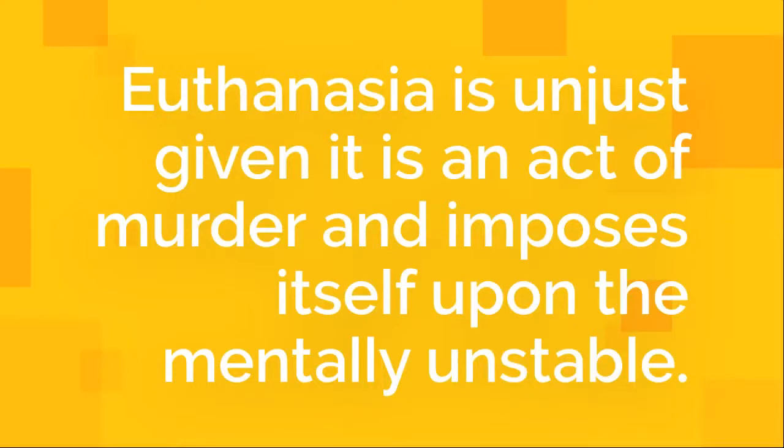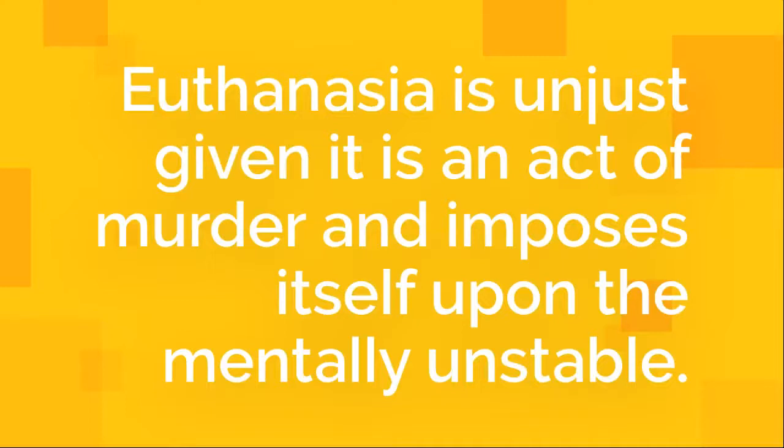Now the rest of this thesis should acknowledge the supporting reasoning as to why or how euthanasia is unjust. So let's read this thesis. Euthanasia is unjust given it is an act of murder and imposes itself upon the mentally unstable.